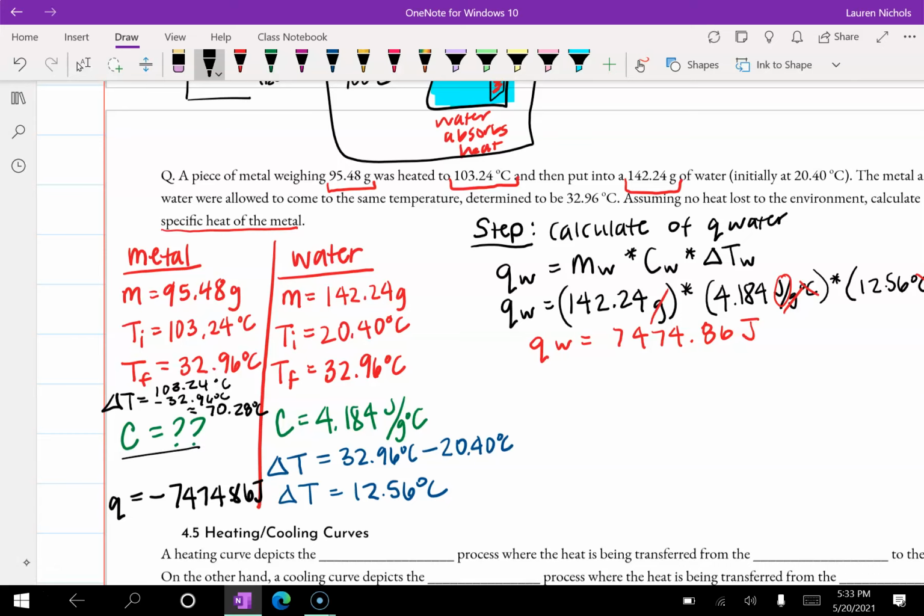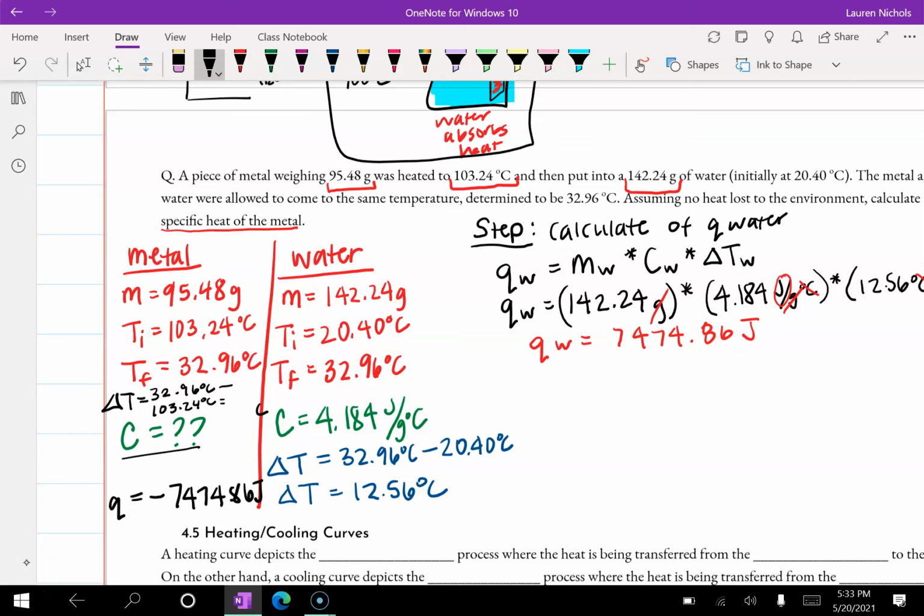Oh, hold on. Does anyone see the mistake I just made? I just did my initial temperature minus my final temperature. That's not correct. Good job, Miss Nichols. So remember, it's actually always our final minus the initial. So it should have been 32.96 degrees Celsius minus 103.24 degrees Celsius.